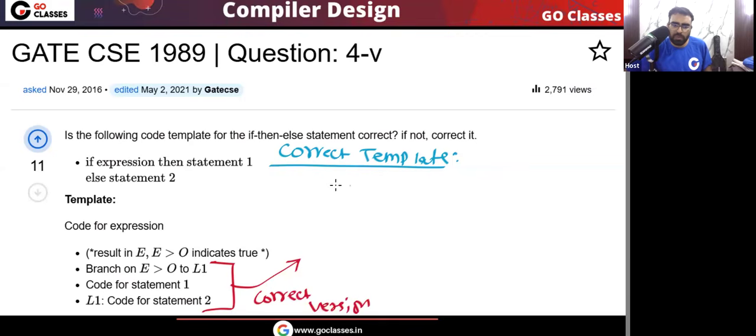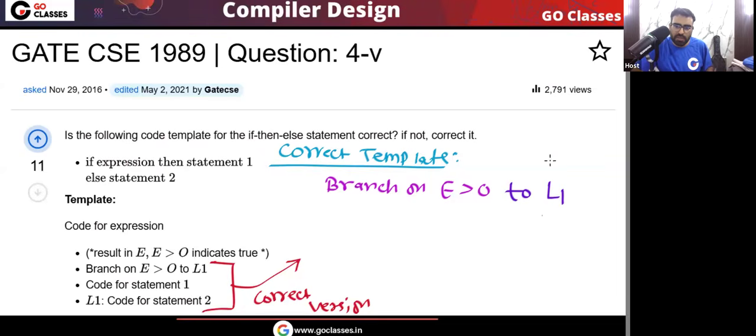That is what we need to see. Okay, so what we are going to do, very easy. Remember, branch on E greater than 0. E greater than 0 means E is true. So when E is true, then you branch to where? You branch to some statement L1. But remember, at this L1 we will put the code for statement 1, because when E is true, then we should execute statement 1.